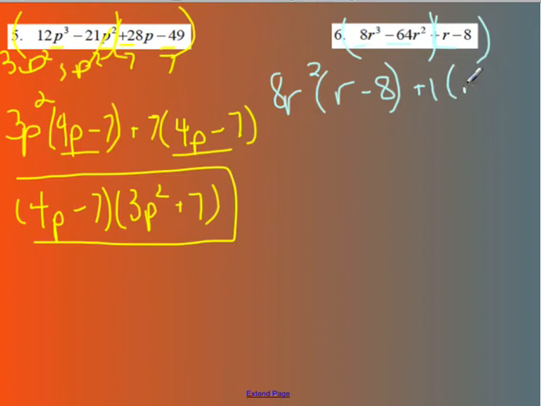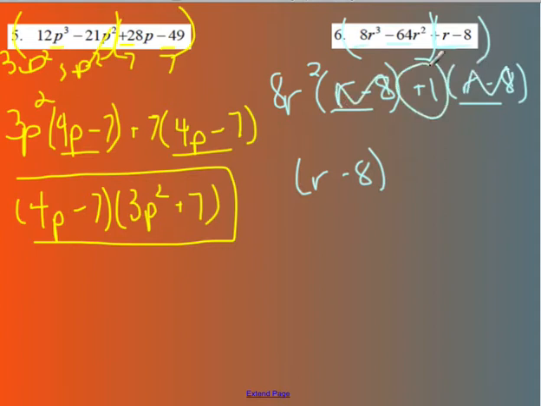So I'm going to pretend that I took a 1 out, because if you notice, the leftovers already matched at that point without even taking out a GCF. Here's why I put that 1 there. So you factor out that r minus 8. I took out this 1 there to remind myself that when I write out my second parenthesis, I need to have that plus 1 there. Even though it's not technically a greatest common factor, it was just to remind myself that it was there.